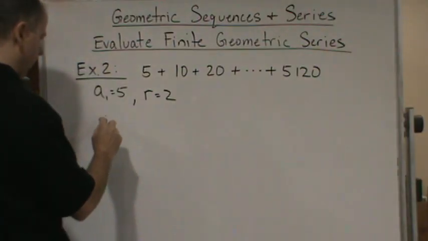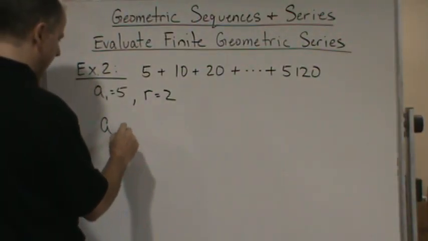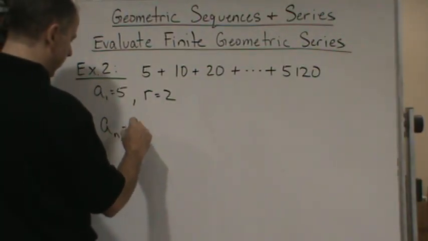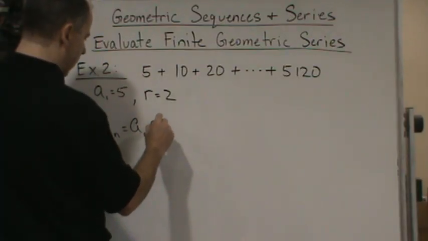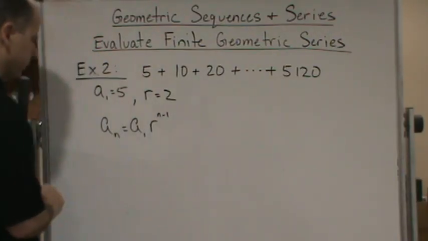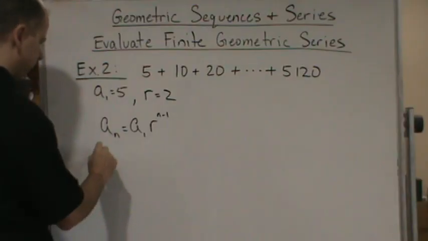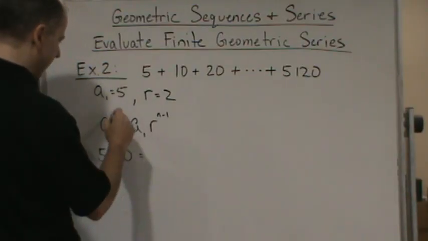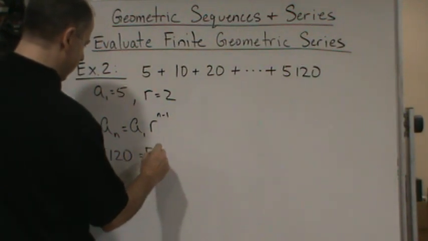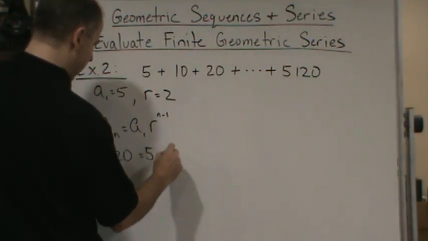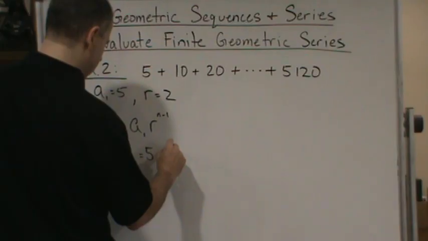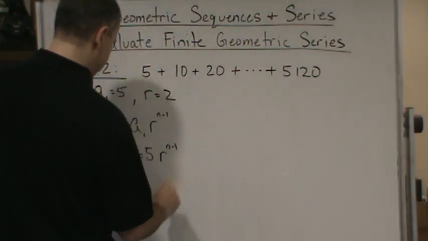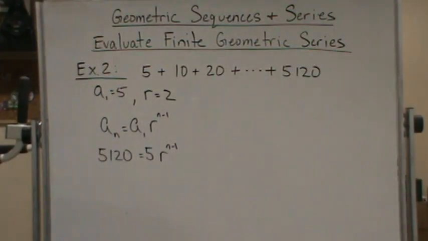So we can use the fact that a sub n is equal to a sub 1 times r to the n minus 1. So that means 5,120 is going to equal 5 times r to the n minus 1 power.